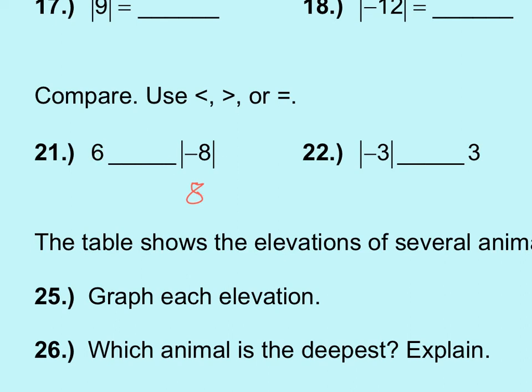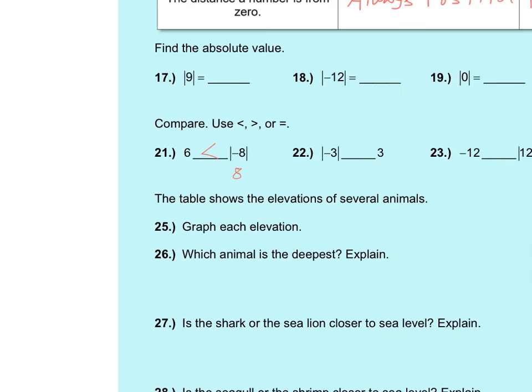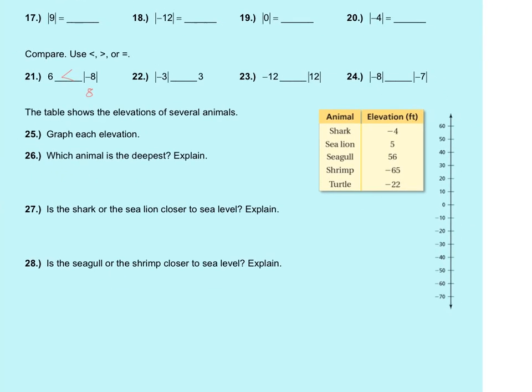But 8 is bigger than 6. Alligator eats the bigger one. We would say that 6 is less than the absolute value of -8. This last question, very simple. You just graph these 4 dots somewhere on this vertical number line here, and then answer the 3 questions.